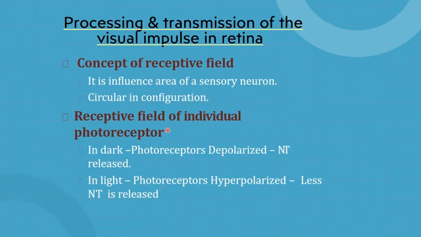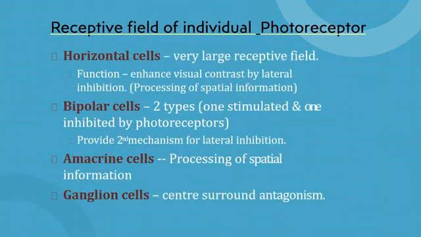So the receptive field is the influence area of a sensory neuron which is circular in configuration, which helps in the receiving of visual impulse from the retina. We have various types of cells: horizontal, bipolar, amacrine and ganglion cells in the retinal layers. In horizontal cells we have a large receptive field.